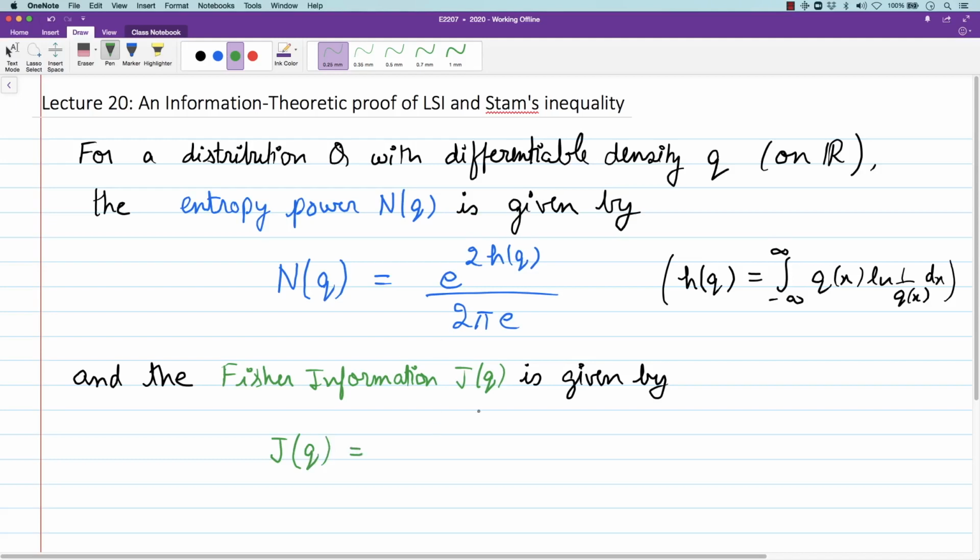Since we assume that the density is differentiable, we can take its derivative, and therefore we can also take the derivative of its log. That function is the derivative of log of Q. Evaluate that function at x, take the square of it, and take the expected value under Q of this. This is the Fisher information.